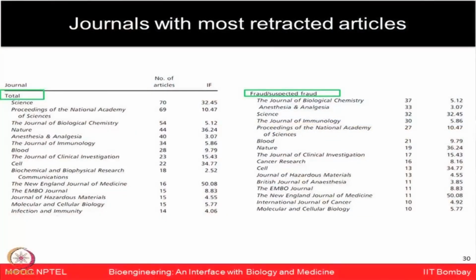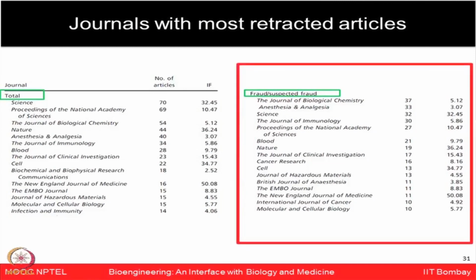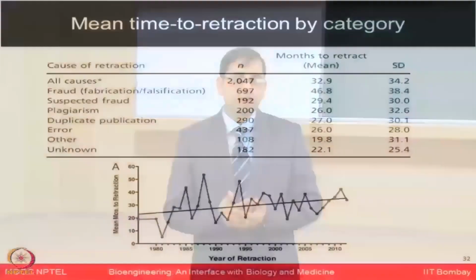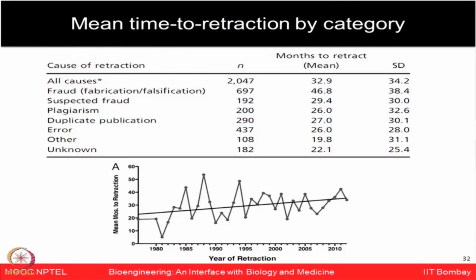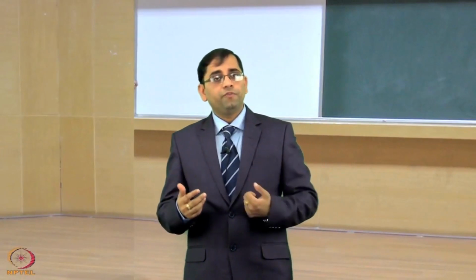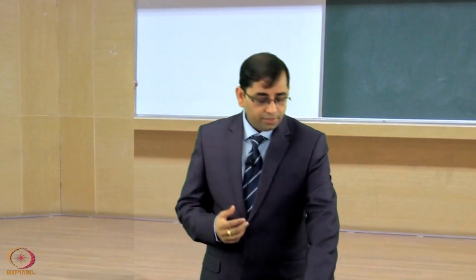And if you look at the journals where most of these articles have been retracted, it is alarming to see that the most prestigious journals, including Science, PNAS, Nature and JBC, have all reported many retracted articles. People have also tried to analyze the mean time to retraction by category, that is, how many years it usually takes for the fraud to be figured out and the articles to be retracted.